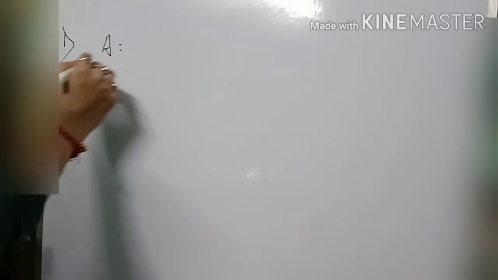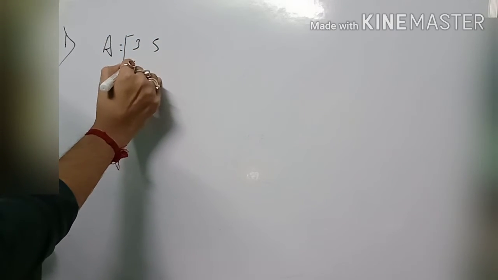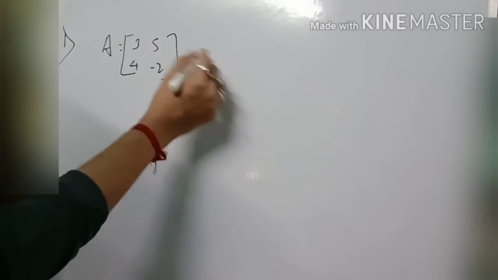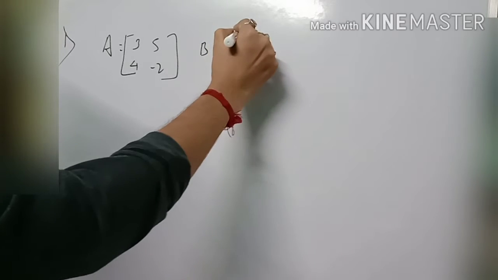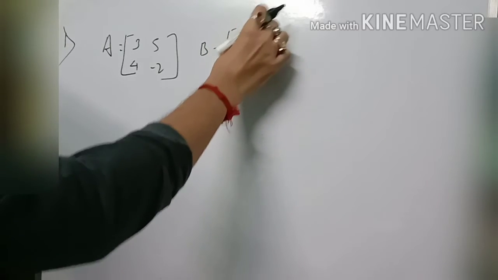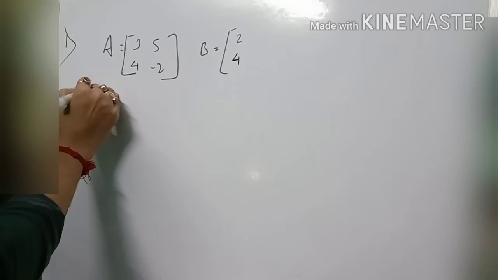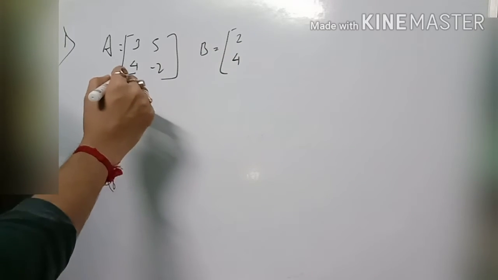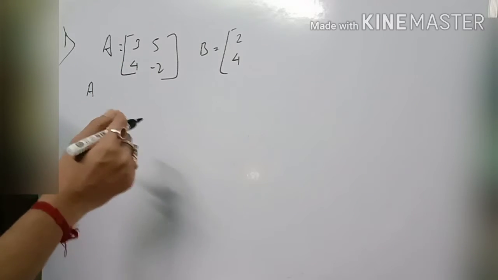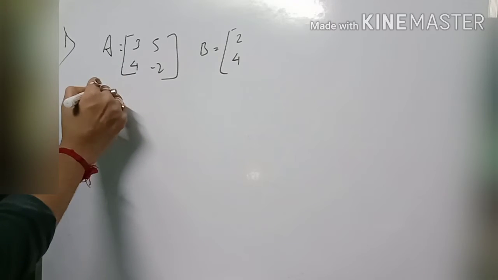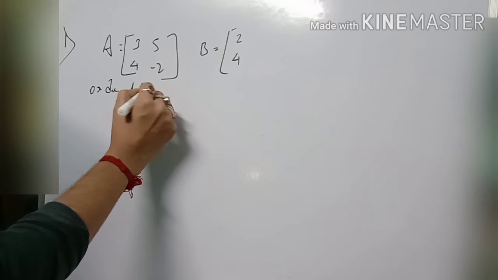So, A equals 3 5, 4 minus 2 and B equals 2 4. So its order, not A's order, it's the order of a matrix.